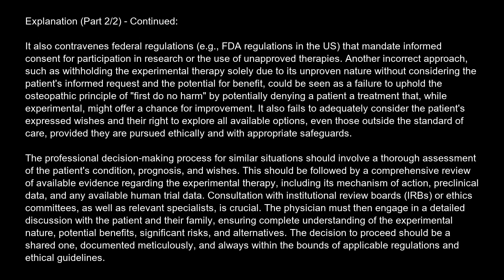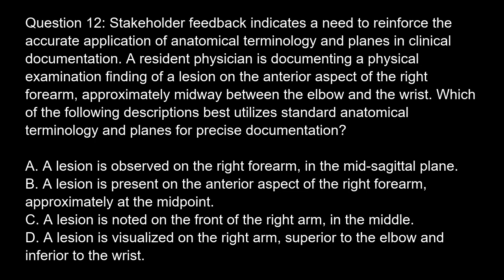The physician must then engage in a detailed discussion with the patient and their family, ensuring complete understanding of the experimental nature, potential benefits, significant risks, and alternatives. The decision to proceed should be a shared one, documented meticulously, and always within the bounds of applicable regulations and ethical guidelines.